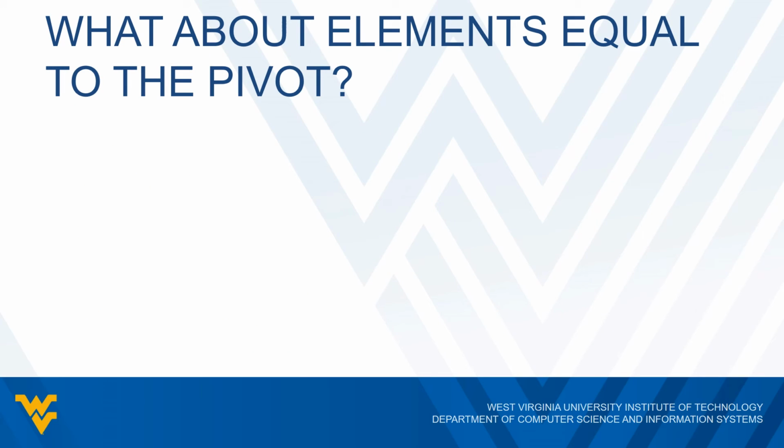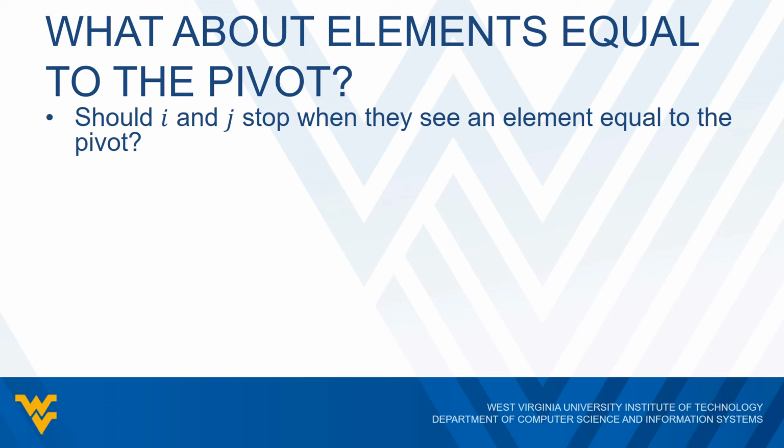We'll now go back to the question about the elements that are equal to the pivot. What should we do with them? We mentioned before that we keep moving i and j, and we stop whenever we see an element that's either greater than the pivot or less than the pivot, depending on if we're dealing with i or j. So the question we should be asking is, should i and j stop whenever we see an element that's equal to the pivot? Well, the answer is yes, we should.